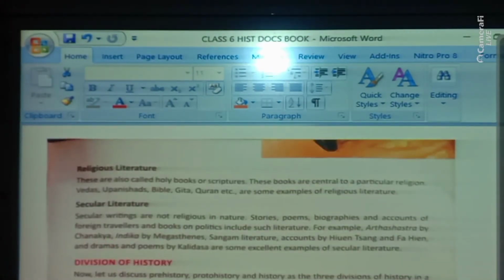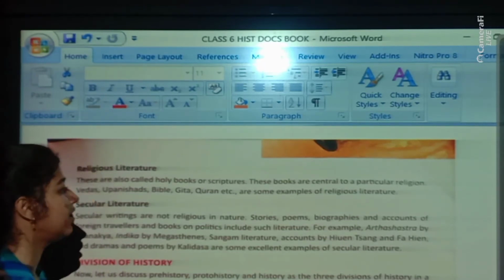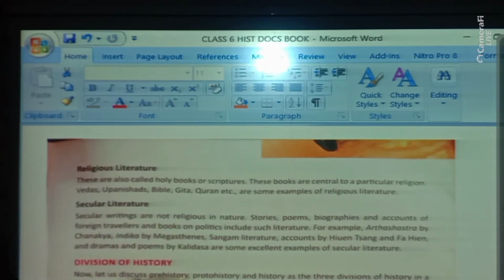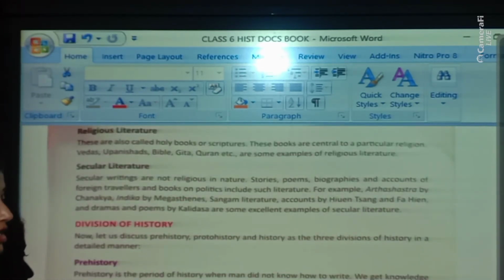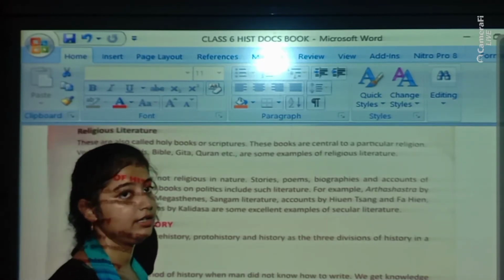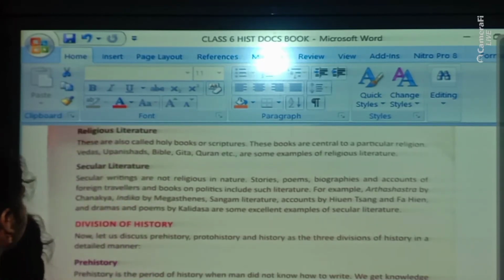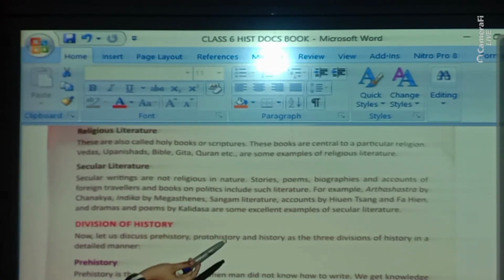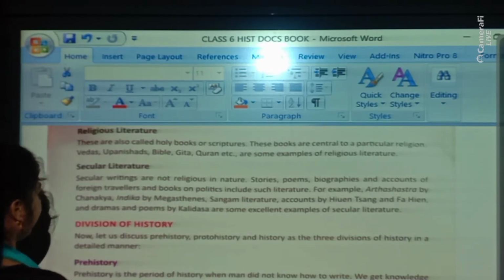Now what is religious literature? It deals with spirituality, like holy books, for example the Upanishads, Bible, Gita, Quran. And what is secular literature? It is writing not religious in nature, for example stories, poems, epics, right?